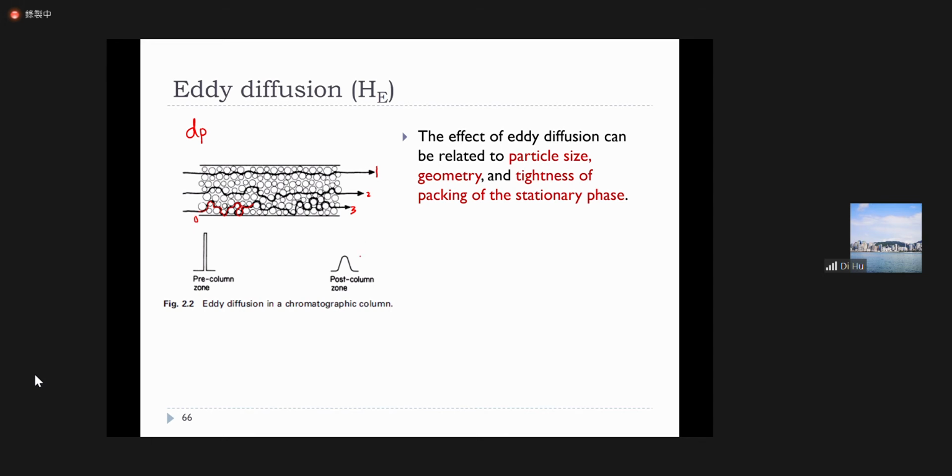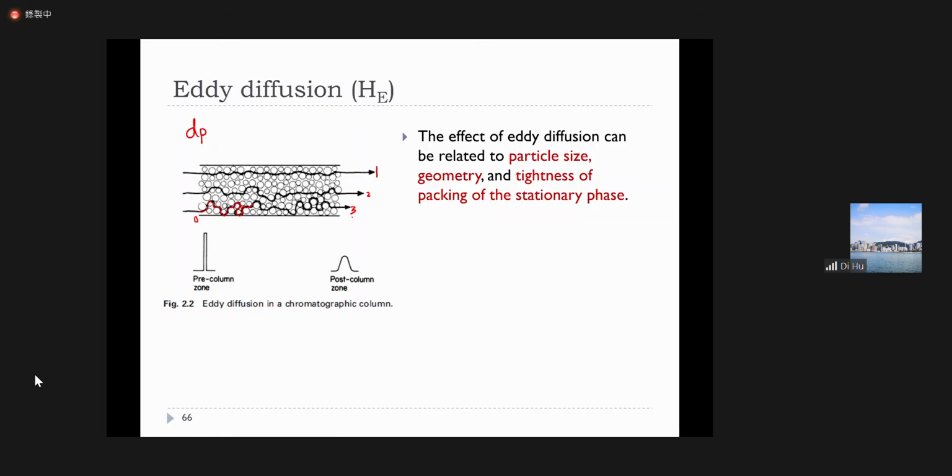However, when they come out, some come out first. Those that take a shorter or easier pathway come out first. Those that happen to have a more difficult, longer pathway come last. And that causes the peak broadening, okay?